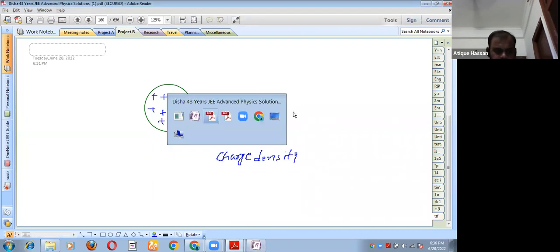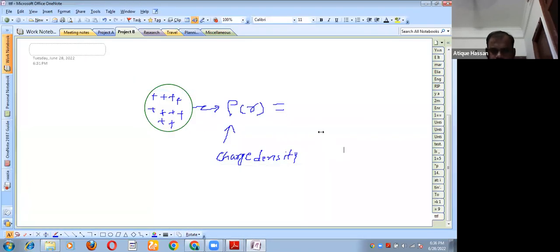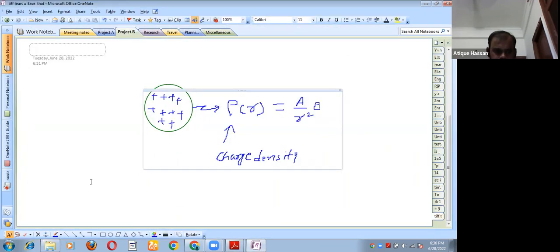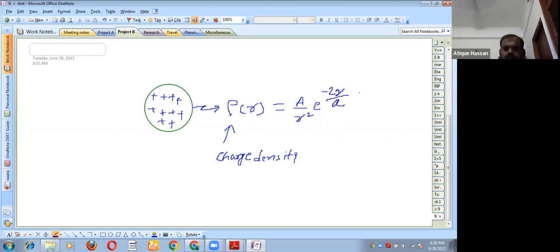And in the question it is given as A upon r square e to the power minus 2r upon k. Generally in some questions, when we see some practical thing, charge density is given as like 8 coulomb per meter cube or something.